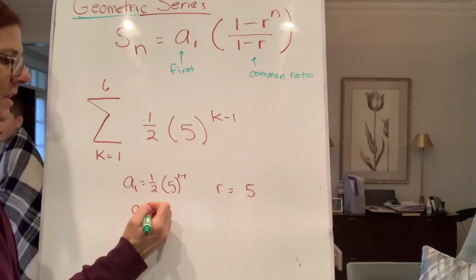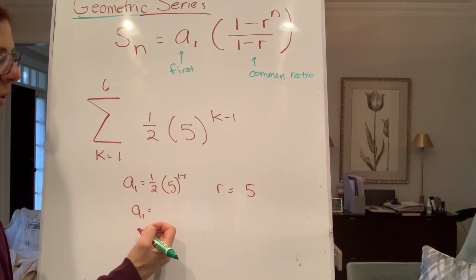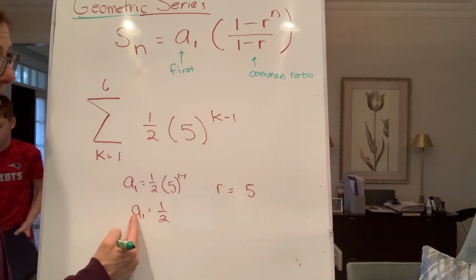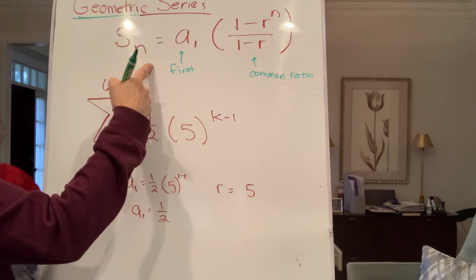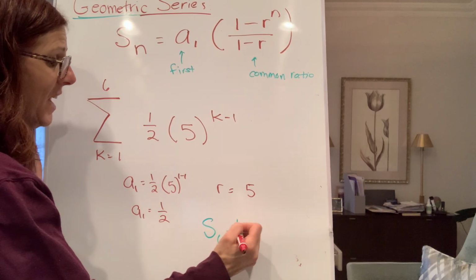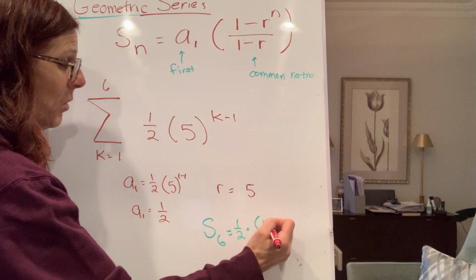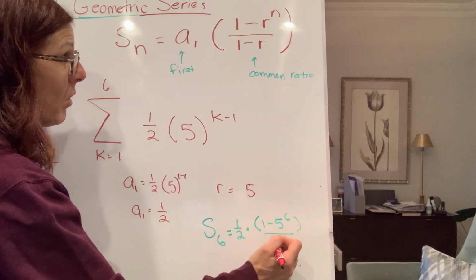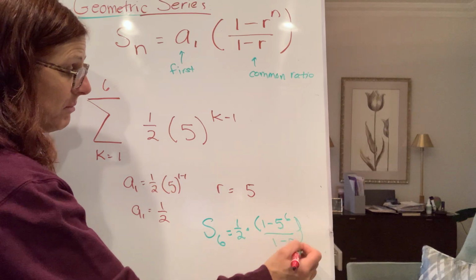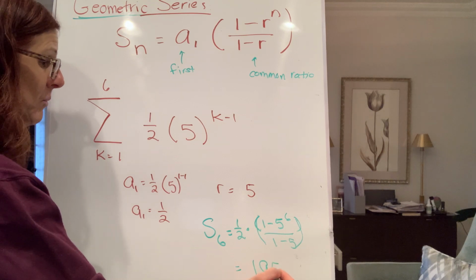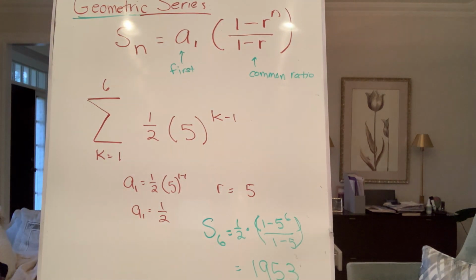So I'm going to get 1/2 times 5 to the 0, which is 1/2 times 1, which is 1/2. Now, given a1 and given r, I'm going to plug into my sum formula. So the sum of the first 6 terms is 1/2 times 1 minus 5 to the 6th over 1 minus 5. Again, if I plug that into my calculator, I get 1,953.